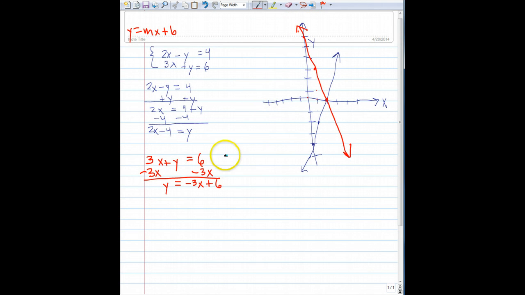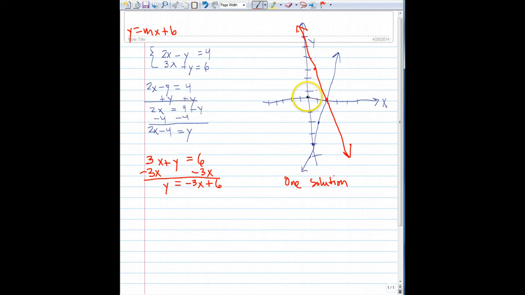To determine if there's one solution, no solution, or infinitely many solutions, there's a few things you have to look at. The first thing we want to look at is, do the graphs intersect? Yes, they do. They only cross at exactly one point right here. So this tells you there is only one solution, and the solution is that point of intersection.